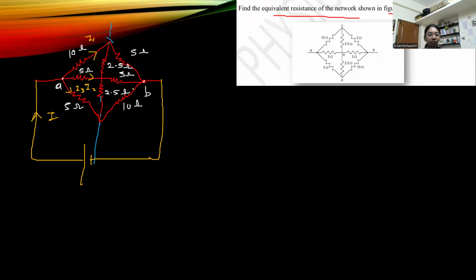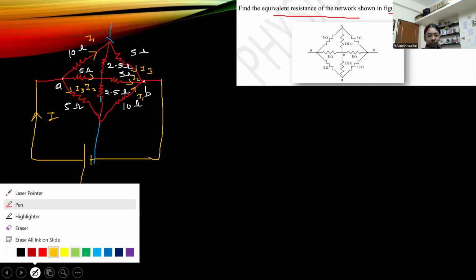In this 10 ohm also the current is I1. Similarly here I2, and here also I3. Clear? Now have you noticed that no current is going to pass through this 2.5 ohm and this 2.5 ohm? Clear? Means we can remove this.